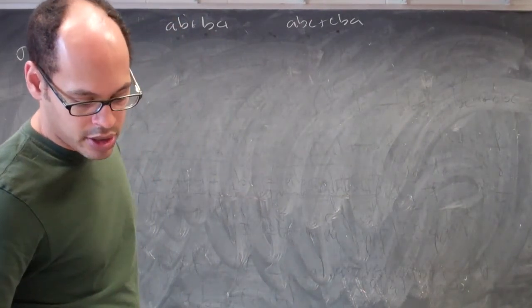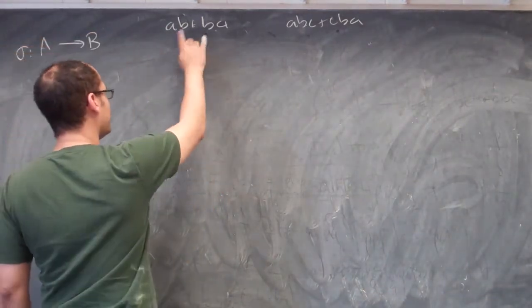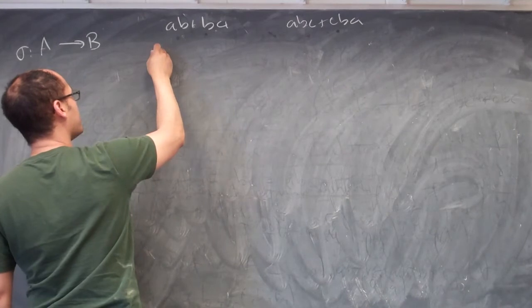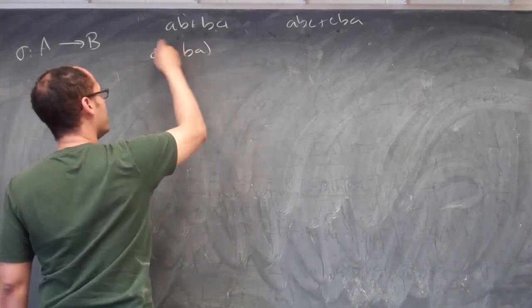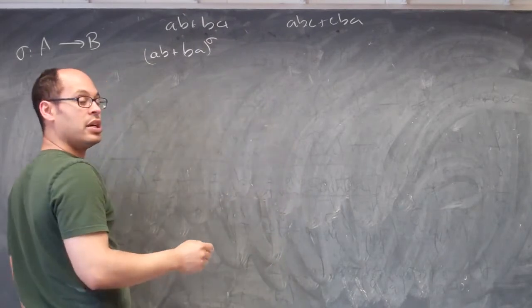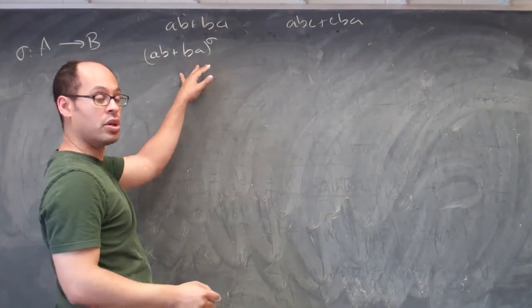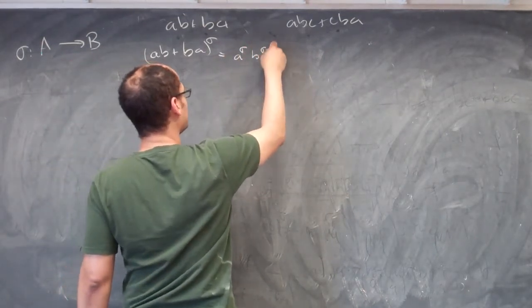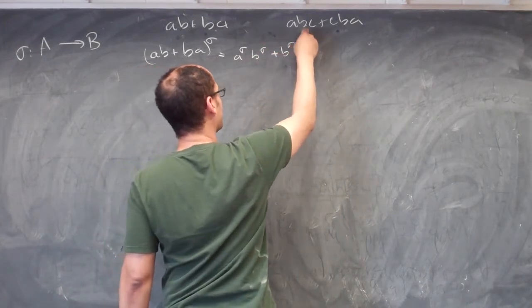Now, to be very clear, what did I really say? I'm really saying that if I look at AB plus BA and I apply sigma to it, then because this can be rewritten in terms of things involving the Jordan structure, that's the same as A sigma B sigma plus B sigma A sigma.